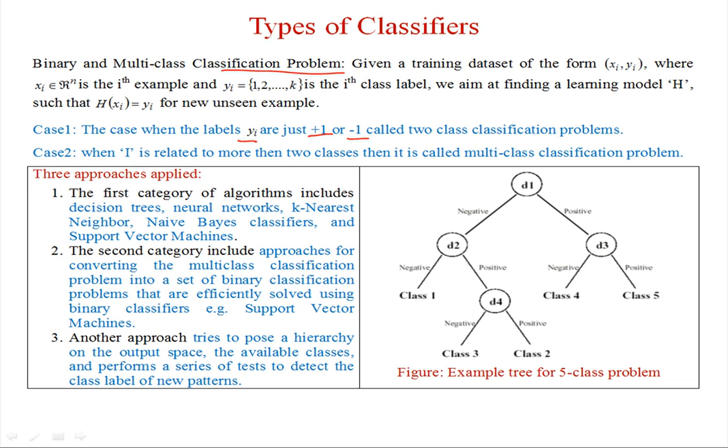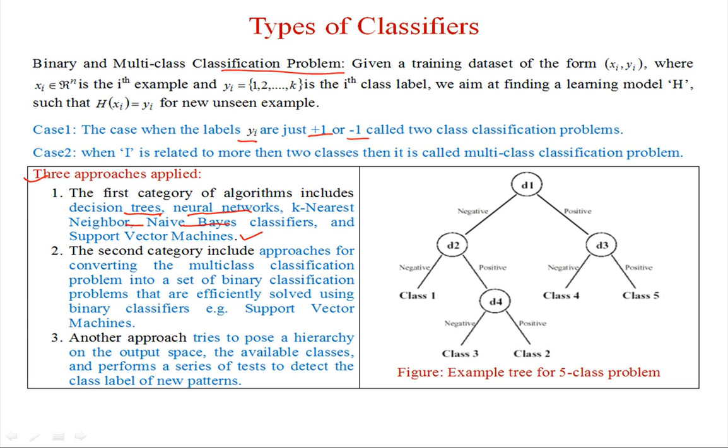But in multi-class classification, a class may have more than two labels. Among the approaches applied to multi-class classification, the first category of algorithms includes decision tree, neural networks, k nearest neighbor, naive Bayes classifier and support vector machine, which can support multi-class classification.